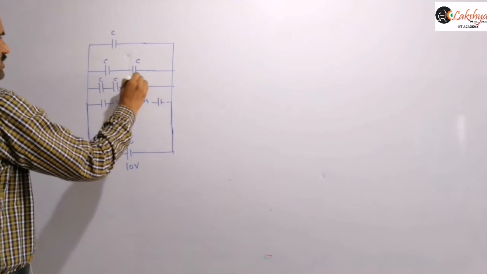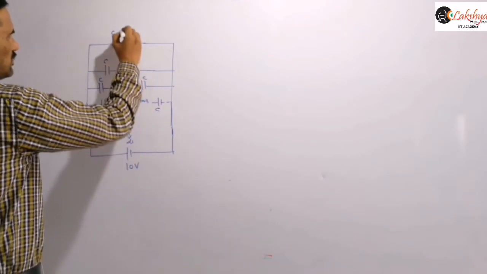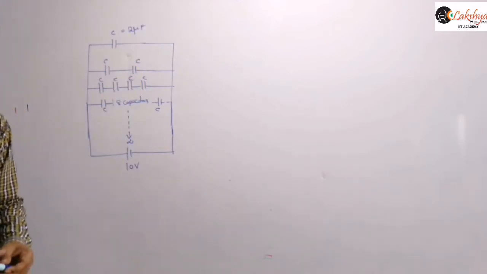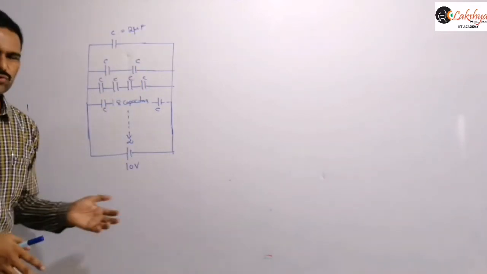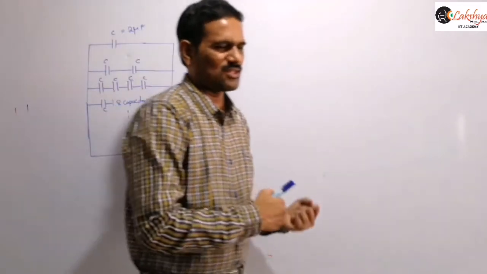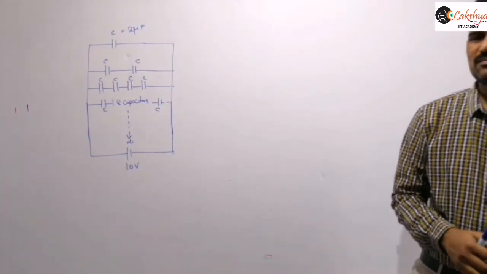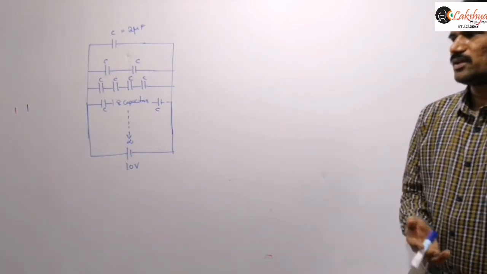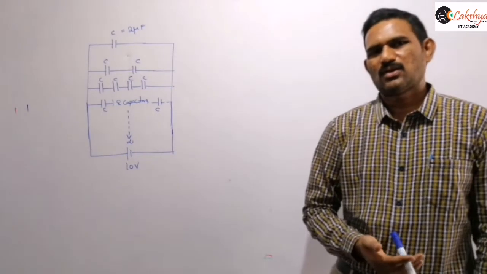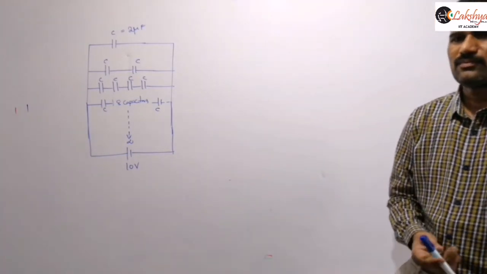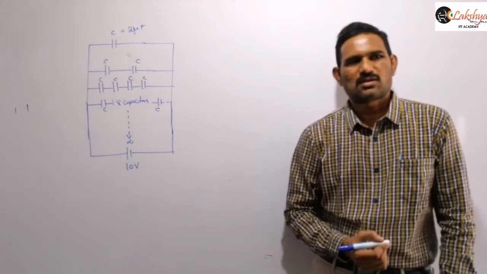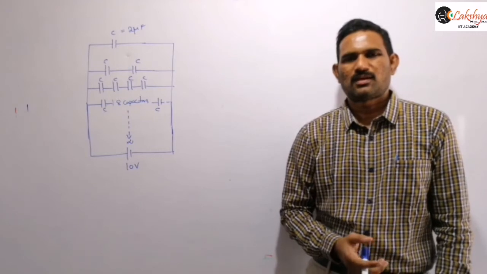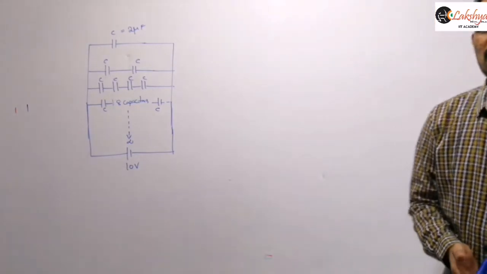Let us take each capacitance as 2 microfarad. Now we are connecting it to a cell of EMF 10 volts. Then we need to identify how much charge is drawn from the cell. So write: an infinite number of capacitors are connected in the combination shown in the figure.